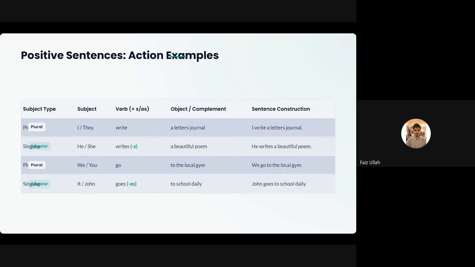The example is, he writes a beautiful poem. Again, if you are using a plural subject like we, you, we do not use S or ES with the first form of the verb. If it is singular, like it or John or Ali or Umar or Aslam, Akram, Uzma, Aisha, Sania, Salma, we use S or ES. John goes to school daily. So this is the structure for positive sentences.